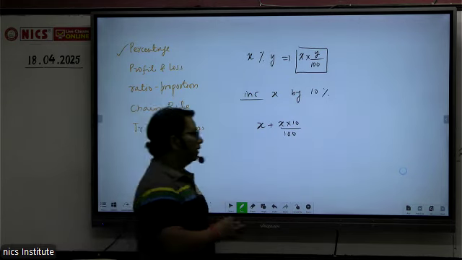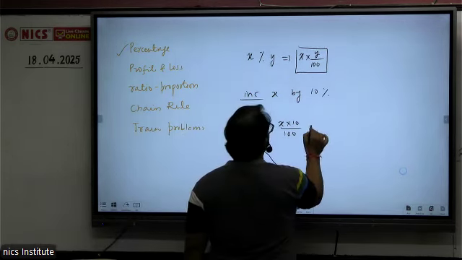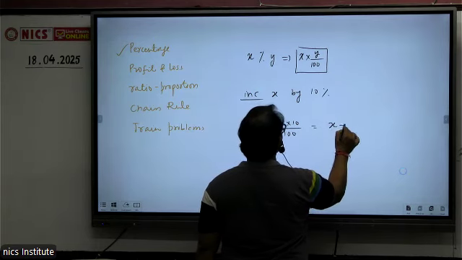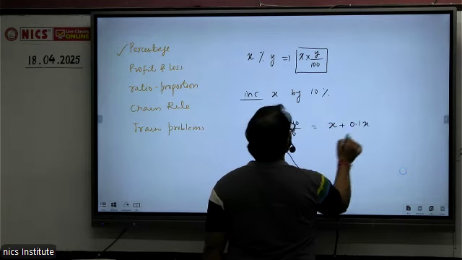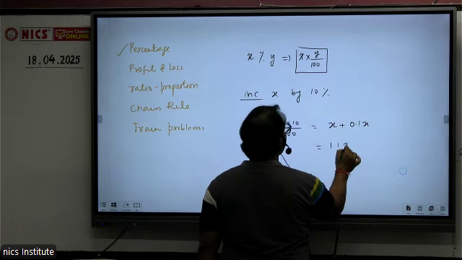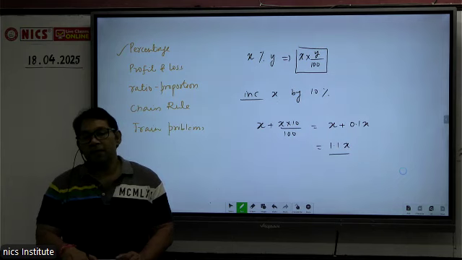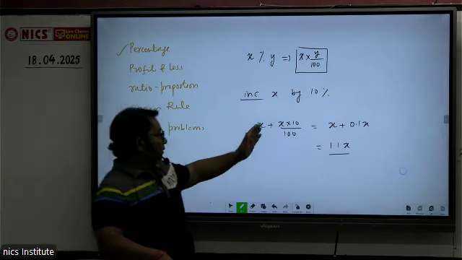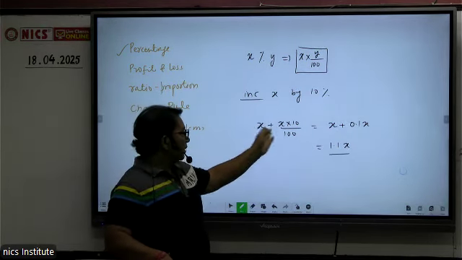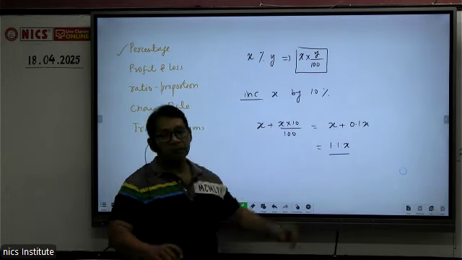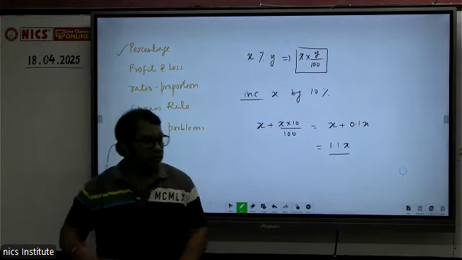This is a method. But if you simplify this further, it would be 0.1x and it would be 1.1 into x. See, if I want to increase something by 10%, I've added 10% of x in the original quantity and it became 1.1 into x.